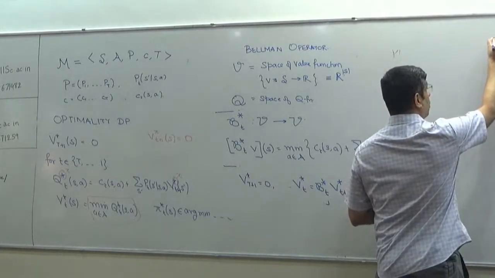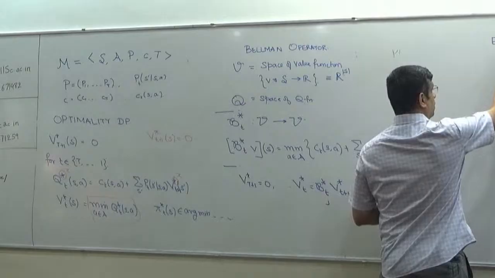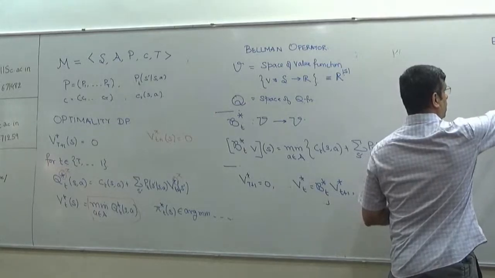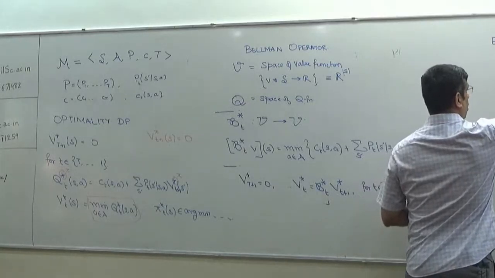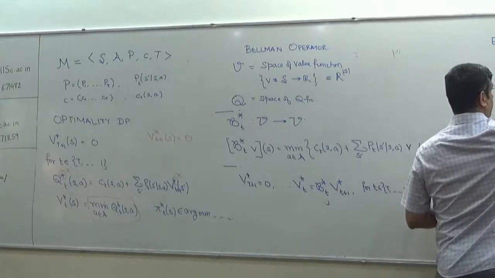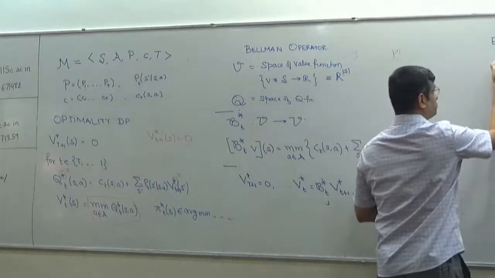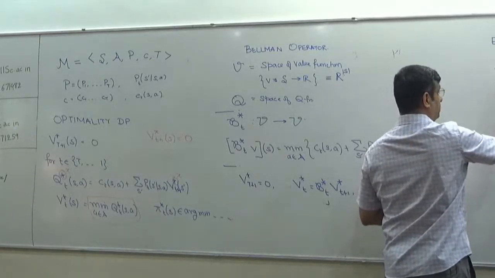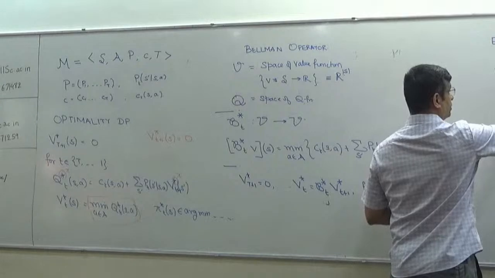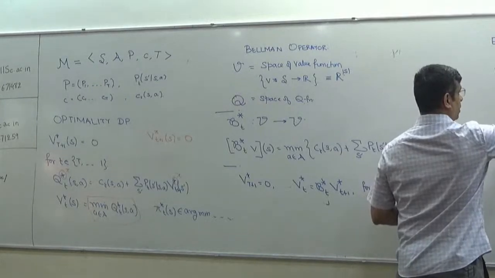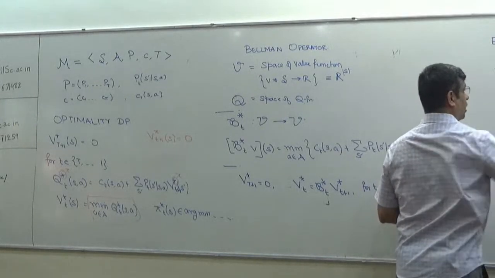I will call one an environment or model operator. This I will denote by E t. This is an operator which takes a value function and gives me a Q function.